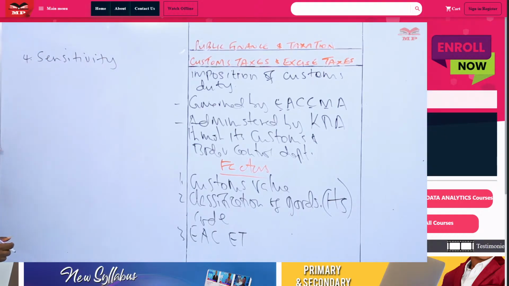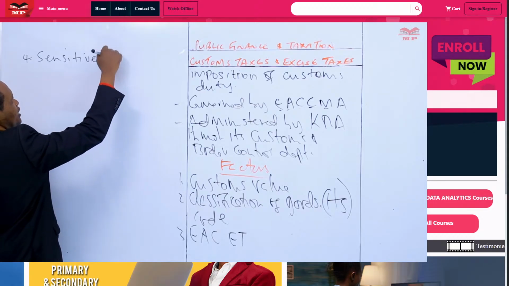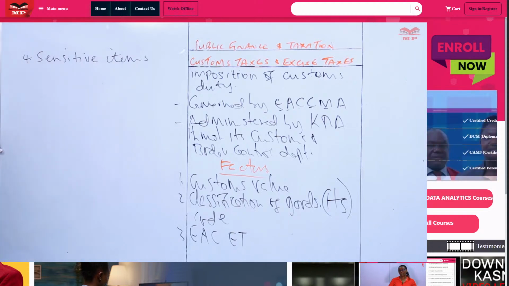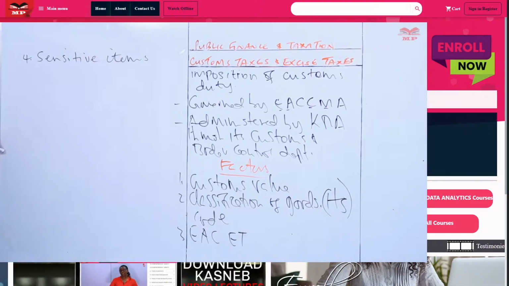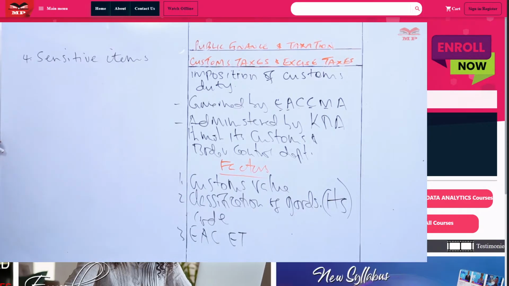Then the fourth factor is sensitive items. Now, candidates, we are highlighting factors. The amount of customs duty payable is determined by several factors. One of them is sensitive items.